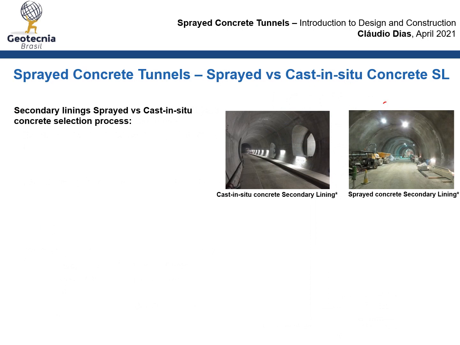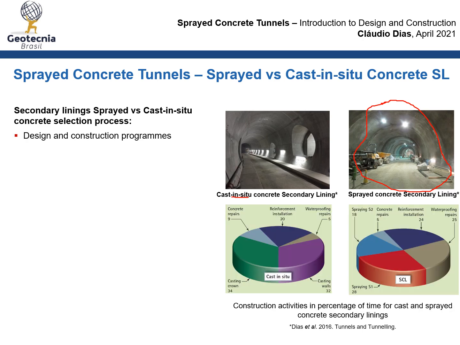The sprayed concrete secondary linings, as we see here in this image, can be a good alternative to normal cast in situ concrete secondary linings in some cases. Things to consider in the selection process when deciding between a sprayed or a cast in situ secondary lining are design and construction programs.